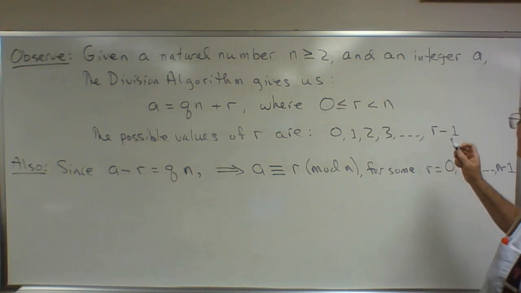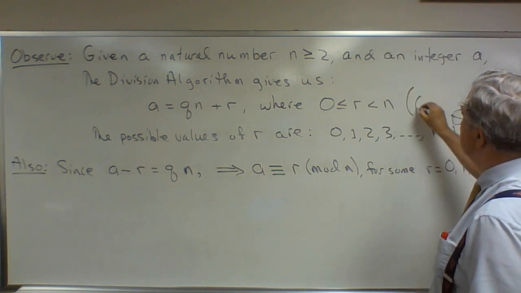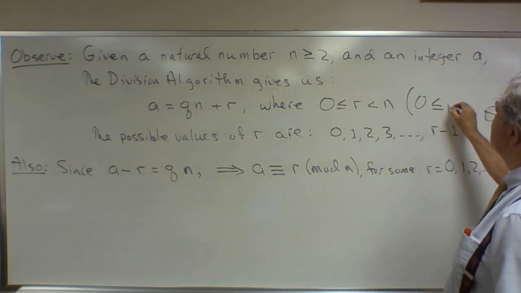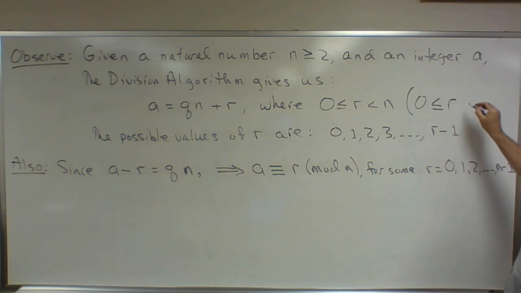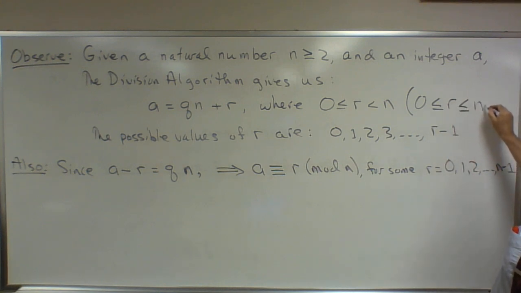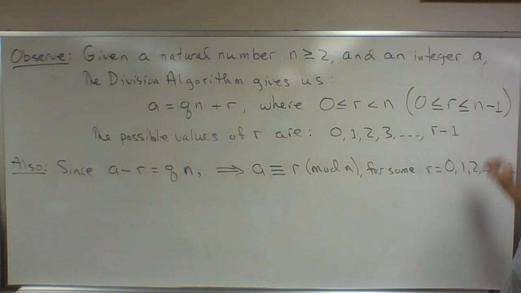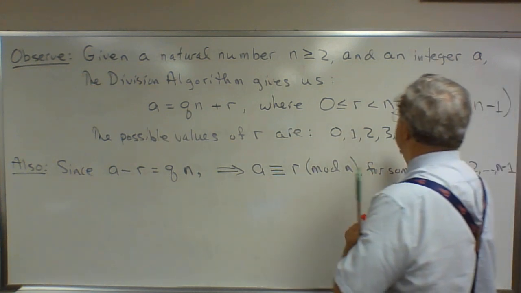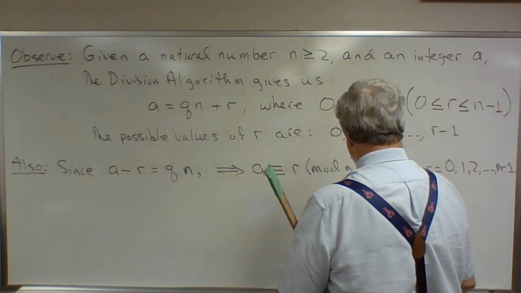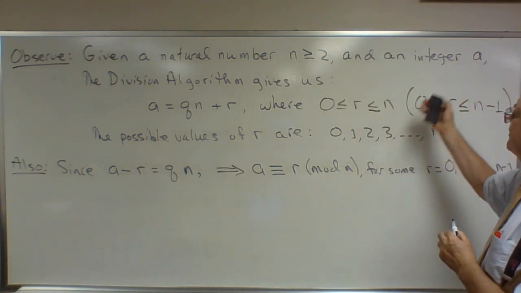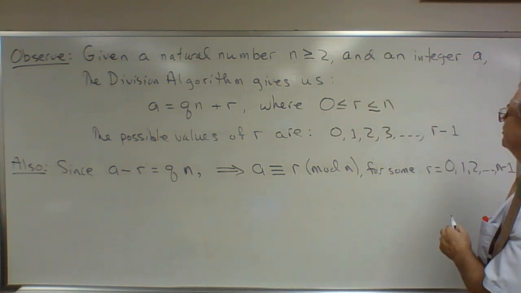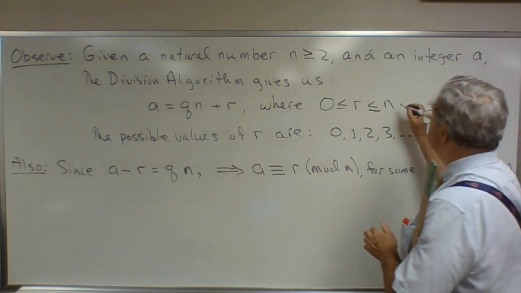I could write this as r is greater than or equal to 0 and less than or equal to n minus 1. Maybe that would be a better way of writing it. I am going to write it that way, and just put n minus 1 here.